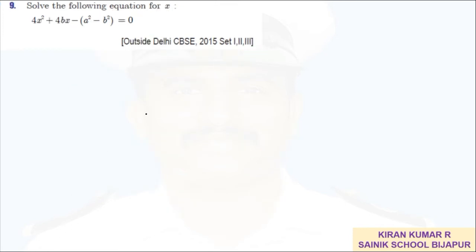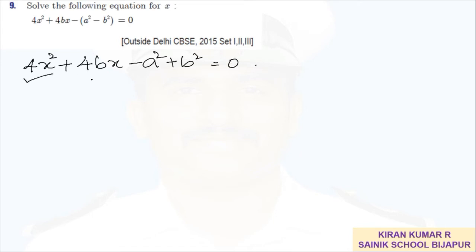Next is question number 9. Solve for x. The given equation is 4x square plus 4bx minus a square minus b square equal to 0. Suppose I rewrite the equation as minus a square plus b square equal to 0.